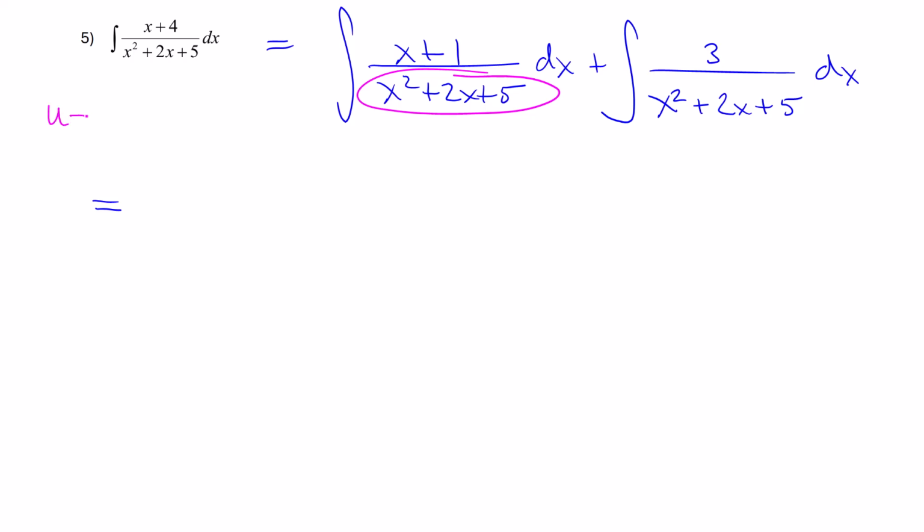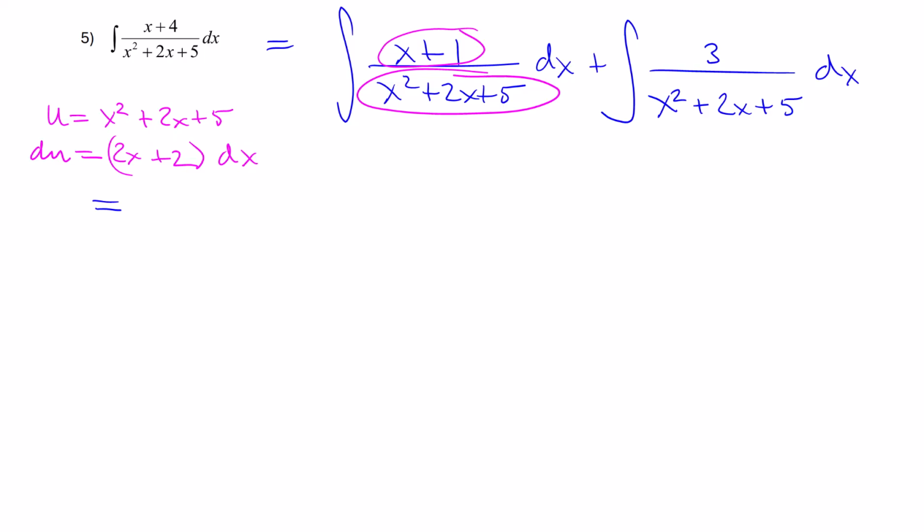If that was the case, then u would be x squared plus 2x plus 5, and then think through du. Well, if I take the derivative of that with respect to x, it'd be 2x plus 2, and then dx, right? But notice our numerator isn't quite 2x plus 2, but it's actually not far off.